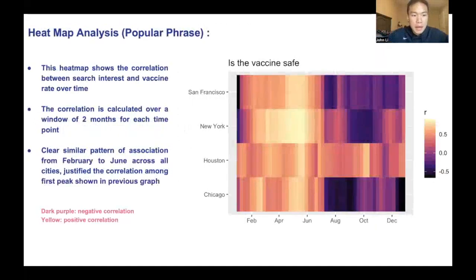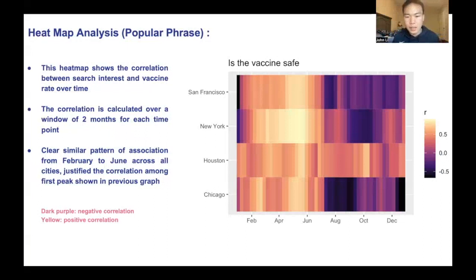Here is a heat map analysis for the phrase is the vaccine safe, which is a really popular phrase in our study. The heat map shows the correlation between the search interest and the vaccine rate over the whole year, and the correlation is calculated over a window of 2 months for each time point. The bright yellow color means that there is a positive correlation between the vaccine doses and the search popularity, and the dark purple implies a negative correlation.